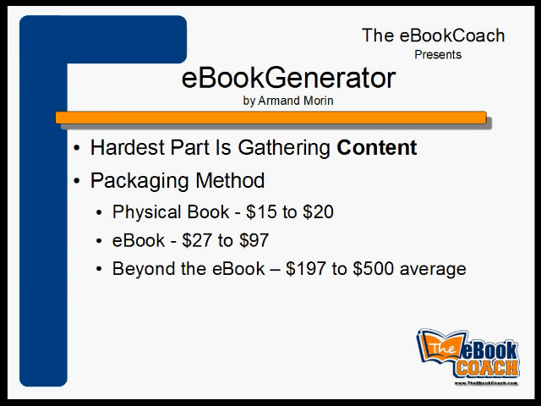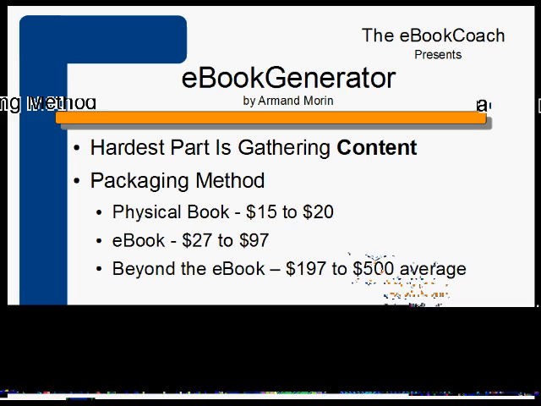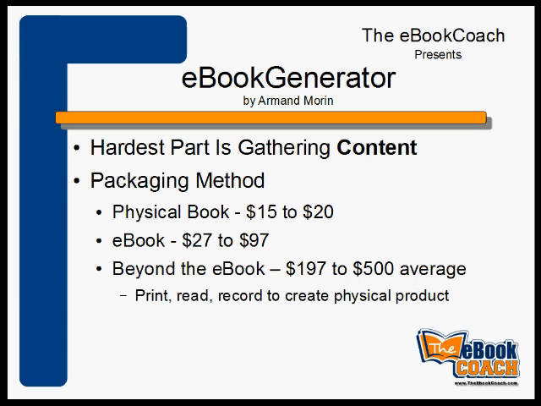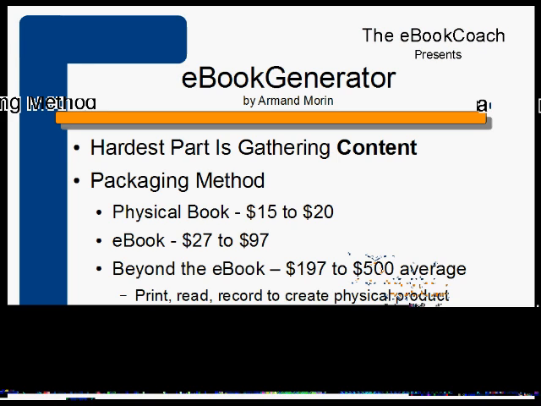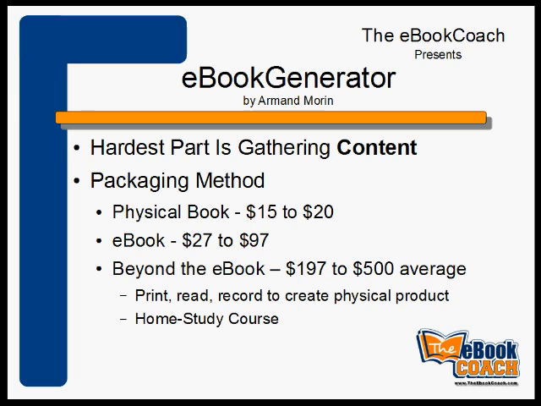The third step is after the ebook, what I call beyond the ebook. Beyond the ebook is a physical product. Basically, we could take the exact same information, print it out, put it in a 3-ring binder, and then read it, record it, and we have a home study course out of the same information. It goes three different and unique ways to present our information to the end audience, except our price points are dramatically different.